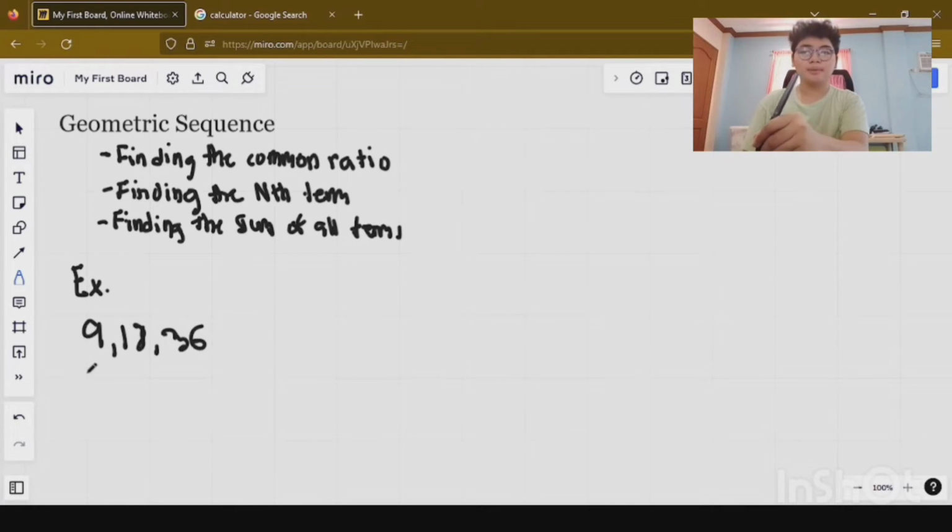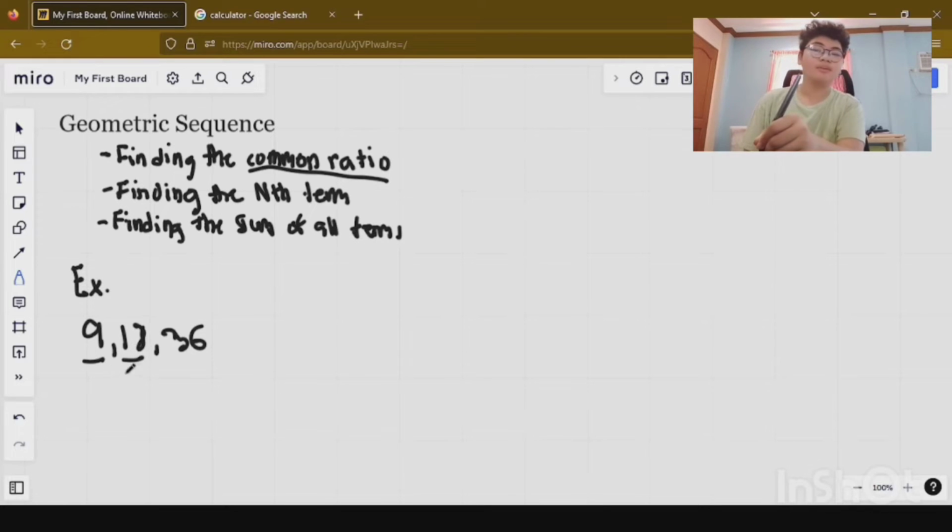With our example here, 9, 18, 36, a geometric sequence is a sequence with a common ratio, as you can see over here. To find a common ratio, you divide 18 by 9, or a term by the term before it.